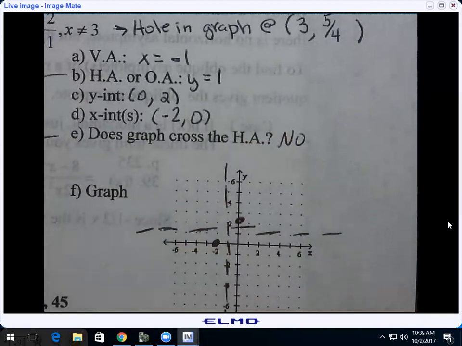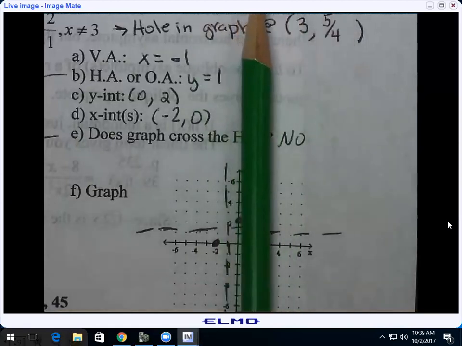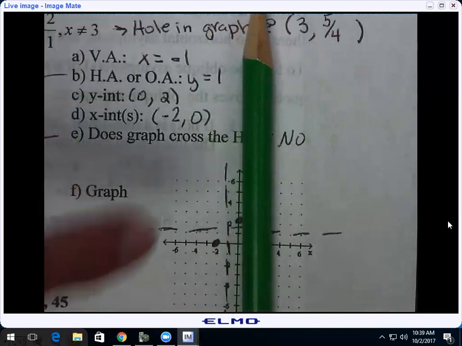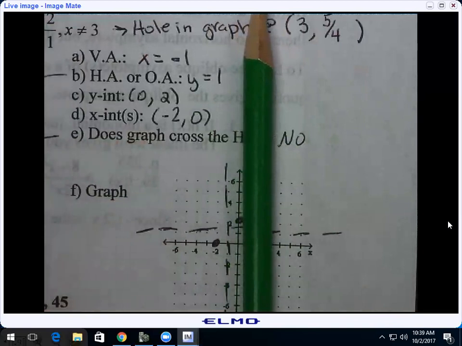We just need to look at that graph to the left and to the right of the vertical asymptote. To the left of the vertical asymptote, the graph either has to be above the horizontal or below the horizontal. Can you tell me which one without using a test point, Jeremiah?